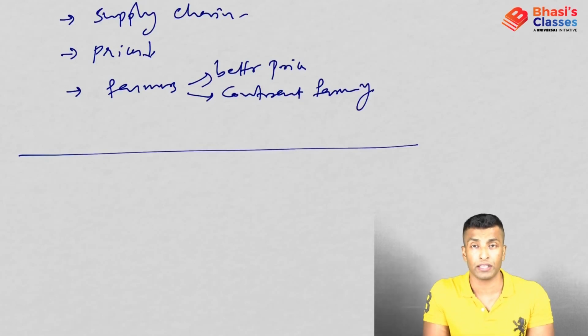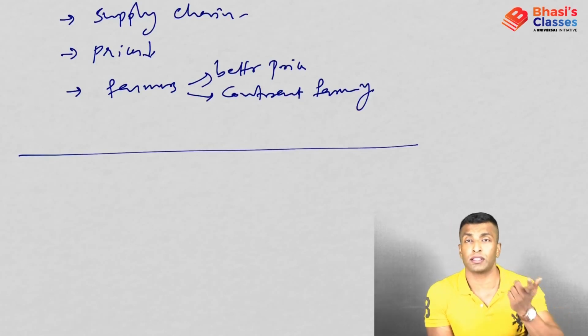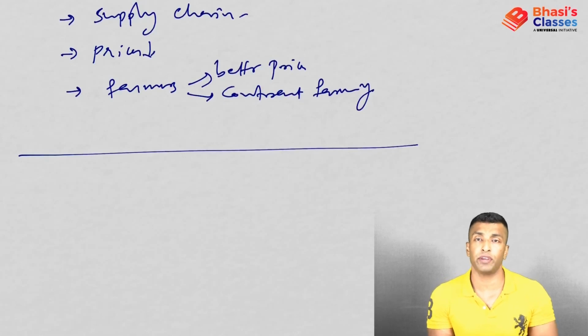Supply chain, effective management, scientific management, logistics and warehousing, cold storage, everything is missing. So FDI in multi-brand retail can bring all this. The disadvantages of both are the same, but the advantages will be more in the case of FDI in multi-brand retail.